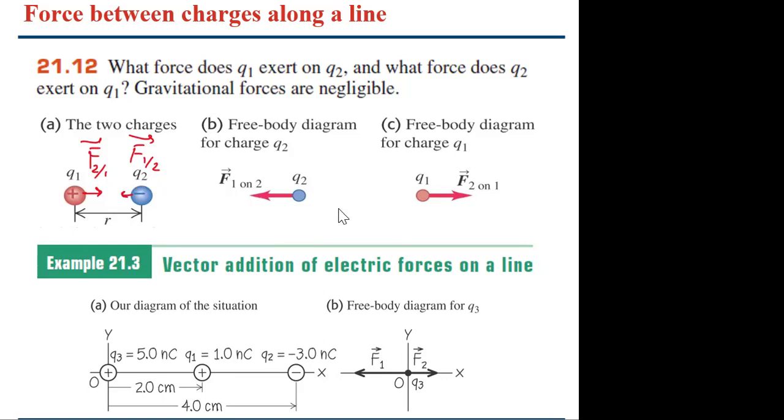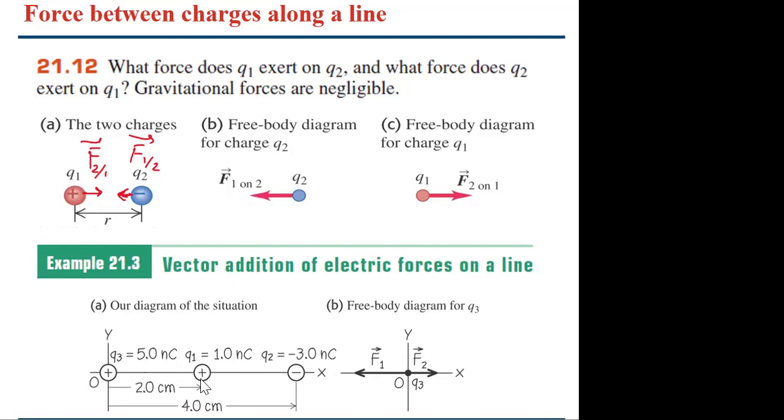So this is the free body diagram for the charge Q2. The force is directed to the left. And this is for the charge Q1, the force is directed to the right. Let's take another example. If we have in this situation 3 point charges, Q3 is located at the origin and has a charge of 5 nanocoulomb.